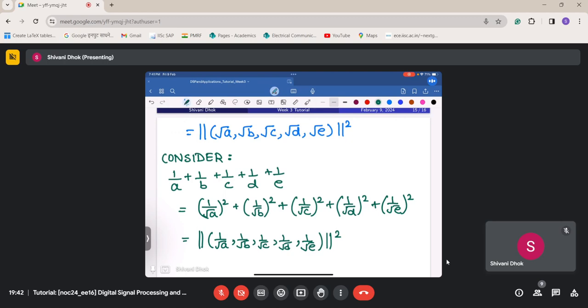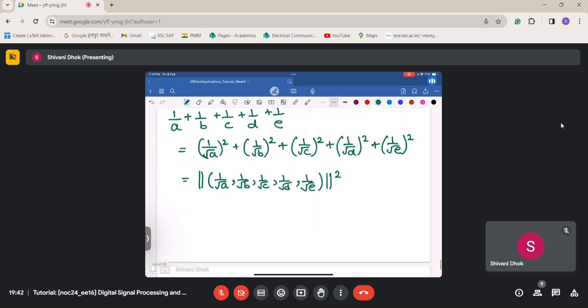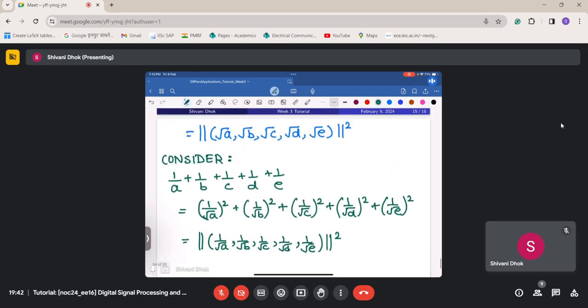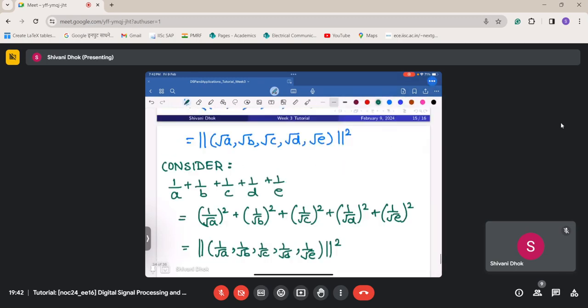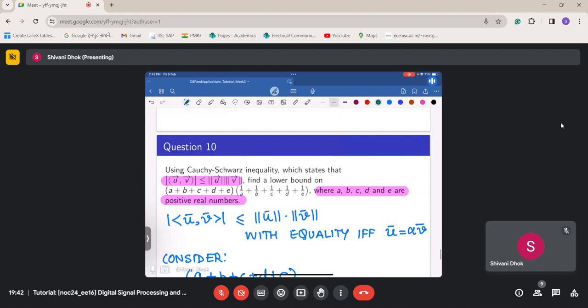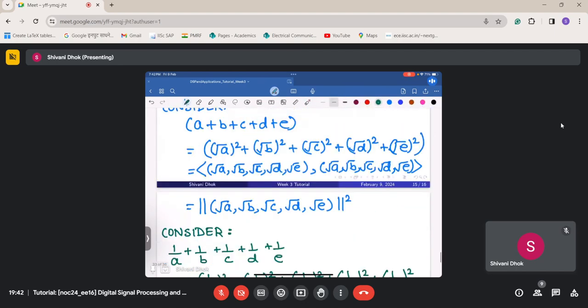Okay. So now if this is clear, what exactly do we need to find out? We need to find out the lower bound on this particular quantity. So let us focus on that quantity.